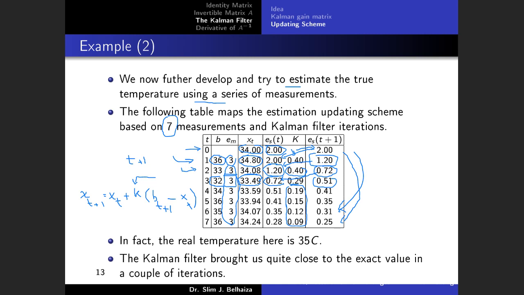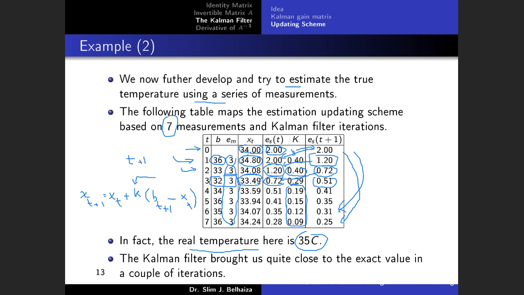Okay? And what you can, in fact, observe is that with a real temperature, which was 35 degrees, and 35, in fact, had nothing to do with this. We have only based our estimation on our measurements and the measurement errors and our estimations and the updating scheme for the estimation and the Kalman gain.